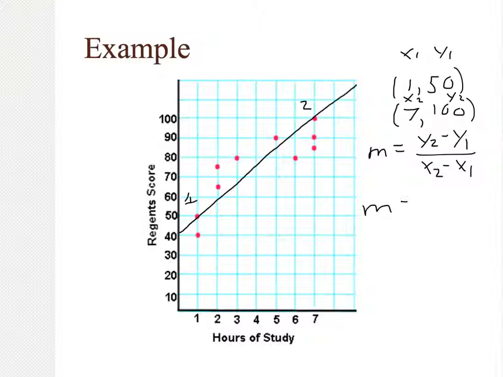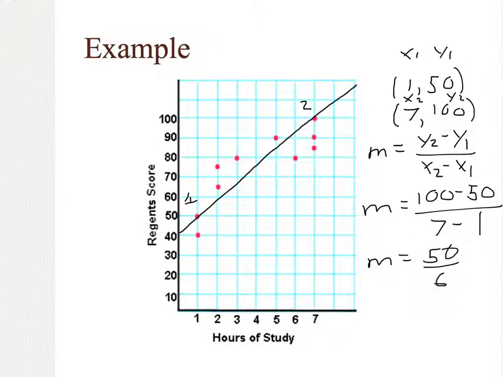So m is equal to 100 minus 50 over 7 minus 1. M is equal to 50 over 6, which is the same as 25 over 3.